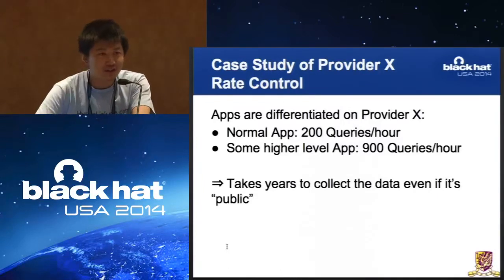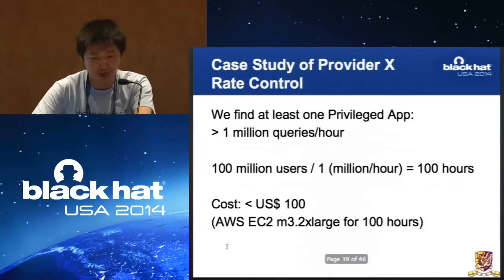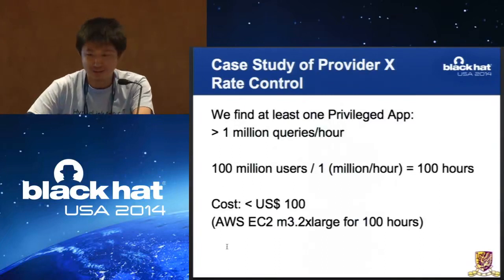However, what we're doing today is the app impersonation attack. We can impersonate another app. So if another app has some superpower, then we can do it much faster, and such a super app rarely exists. During the investigation, we found one privileged app which has more than 1 million queries per hour. This is surprisingly large.